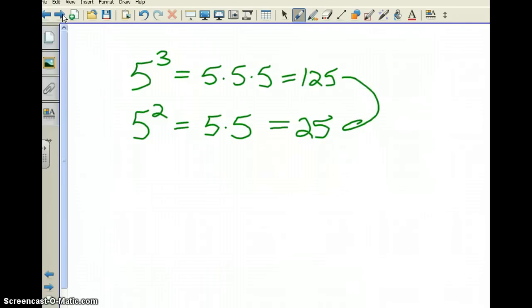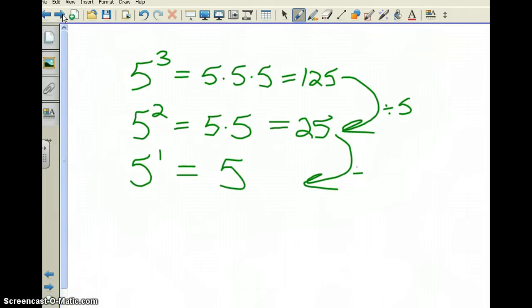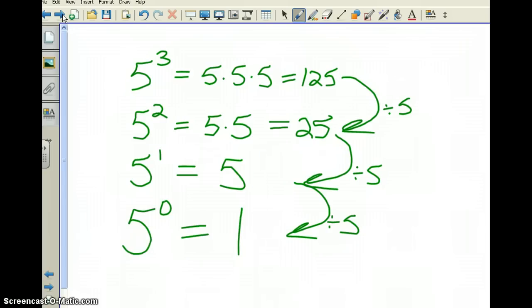So by losing that power of 5, I'm essentially dividing 125 by 5. Then when I do 5 to the 1st, I get my 5 because I've lost a power of 5. And then if we continue that pattern, 5 divided by 5 is 1, which would be the answer for 5 to the 0 power.